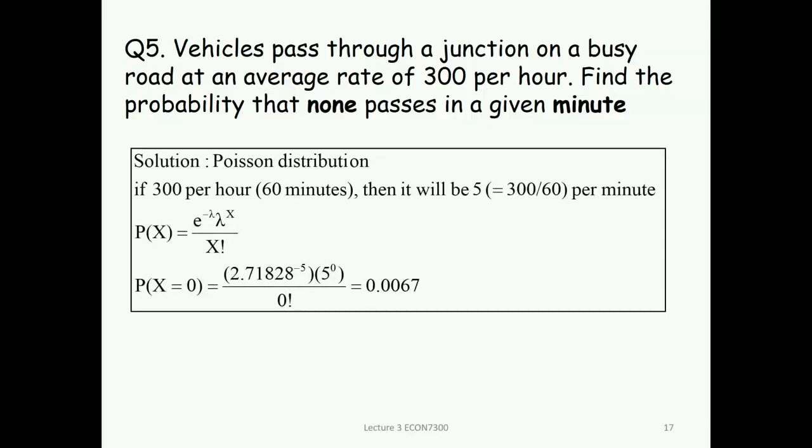The question is in minutes, but the information is given in hours. So 300 per 60 minutes means 5 per minute. The question is none, so my lambda would be 5, and x is 0. 0 factorial would be equal to 1.